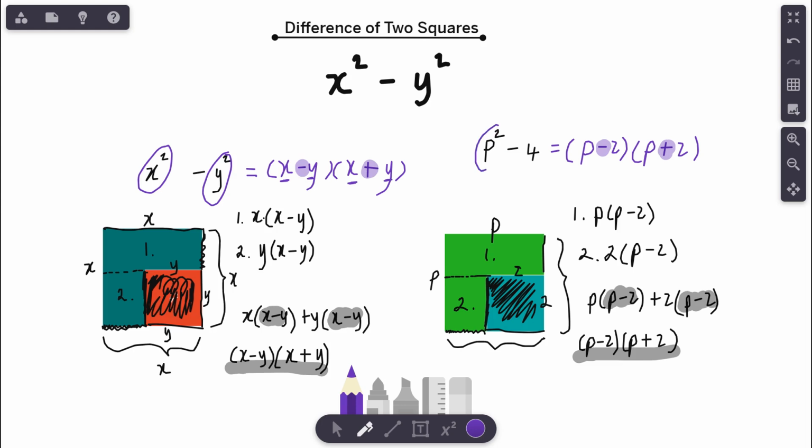And with this one, we had p squared, and then it's just p and p. And there we had 4, which can be represented as 2 squared. And then we just had 2 and 2. So there's definitely a pattern forming there that will work every single time. And what is that pattern? Let's do the next example and apply this.